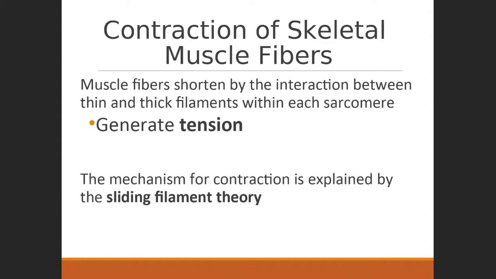As we undergo the sliding filament theory, that is how our muscle is going to generate tension and force, through the actions of the actin and the myosin. Using ATP to drive their sliding is how we can shorten the muscle and generate a force.